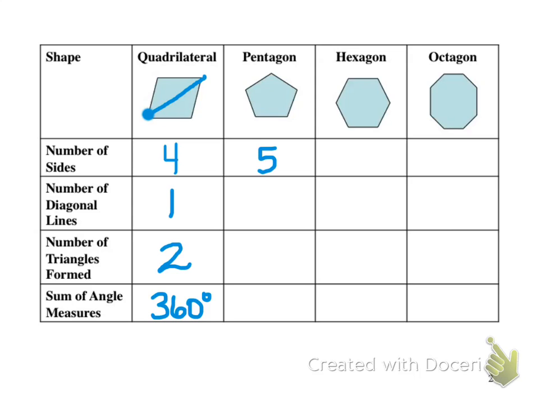The number of diagonals, again, I pick one vertex and I connect it to all vertices, but it's already connected to 2 by their sides. So I draw 2 diagonal lines and I form 3 triangles. There's 1, 2, and 3.